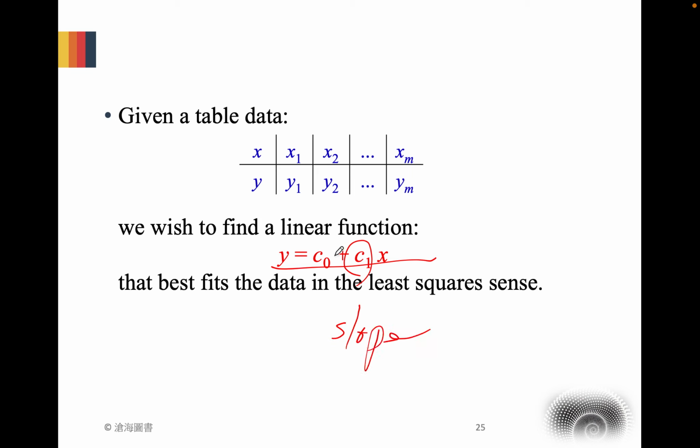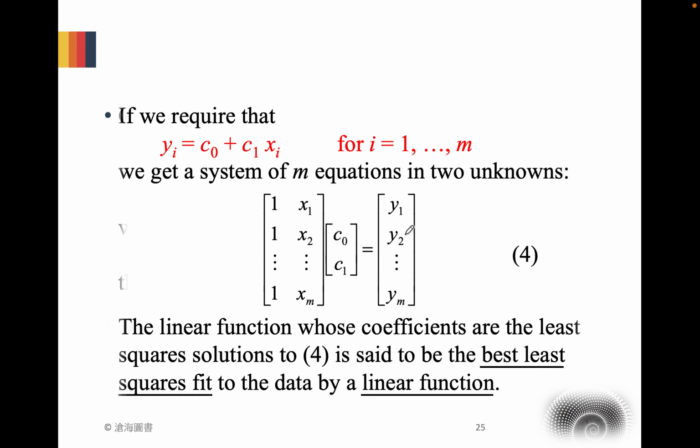And c0 is called the offset. 斜率跟截距，c1 是斜率，c0 是截距，对不对？好，我们用一条直线方程式来描述 x 跟 y。So now the problem is, how can we find the coefficients c0 and c1 so that this straight line best fits the distribution of the data points?